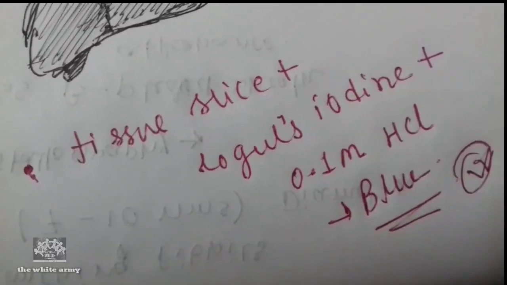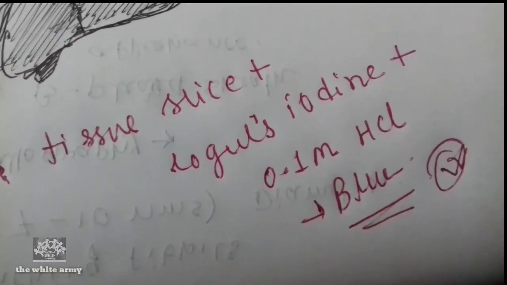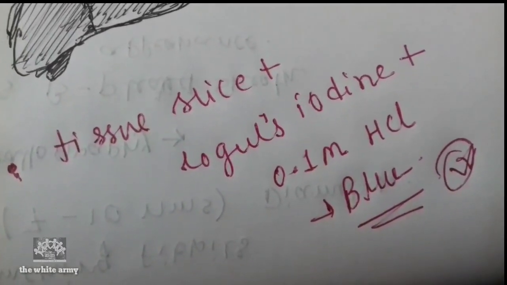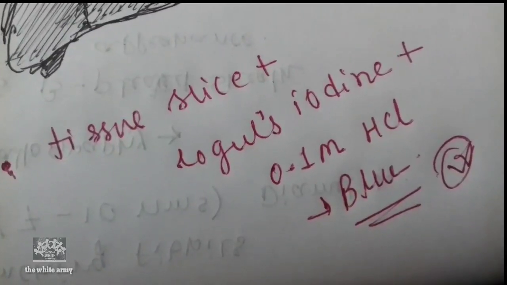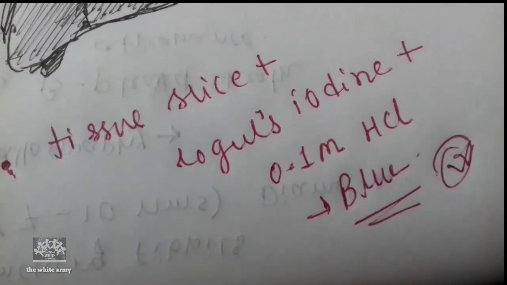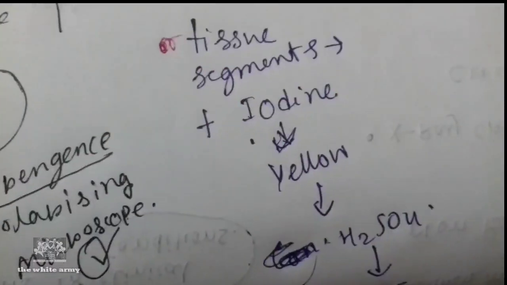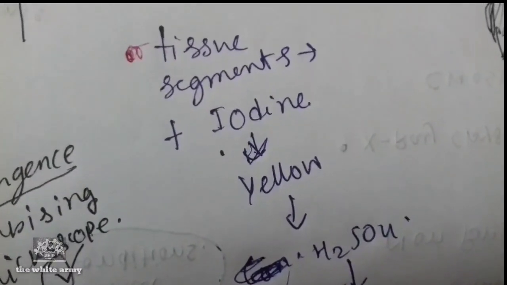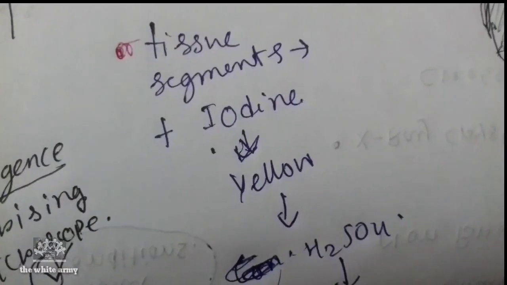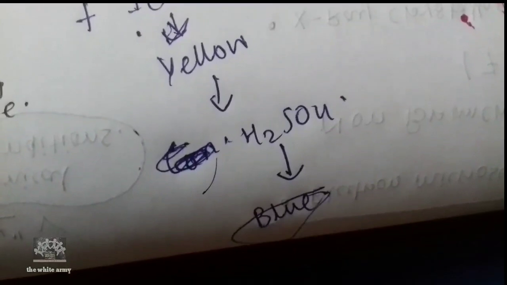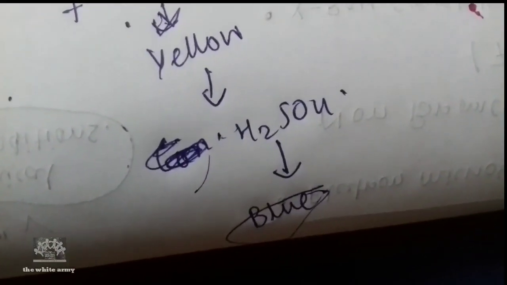Now there is another staining characteristic. If we use Lugol's iodine plus 0.1 molar HCl on a tissue slice, and it turns blue, that means there is presence of amyloid. Another staining characteristic: if we use iodine on a tissue slice, it becomes yellow, and if we add H2SO4 to it, it becomes blue. This also indicates amyloidosis of the tissue slice.